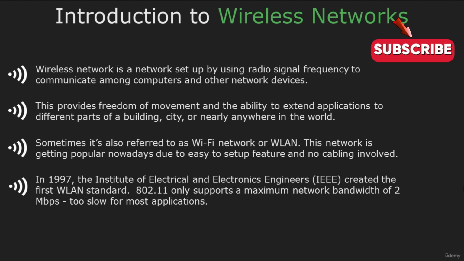This provides freedom of movement and the ability to extend applications to different parts of a building, city, or nearly anywhere in the world. Sometimes it's also referred to as a Wi-Fi network or WLAN. We are going to see this in our video next.